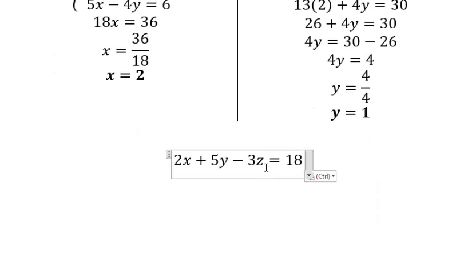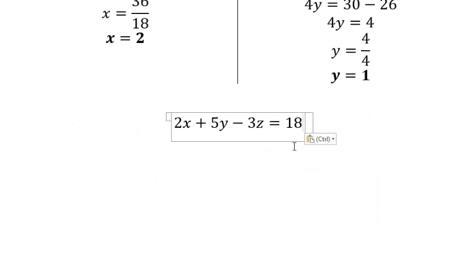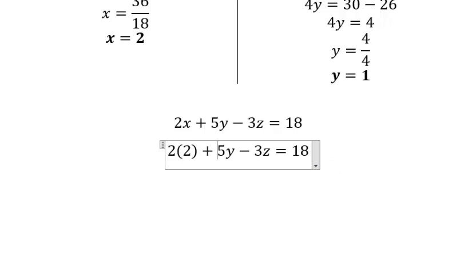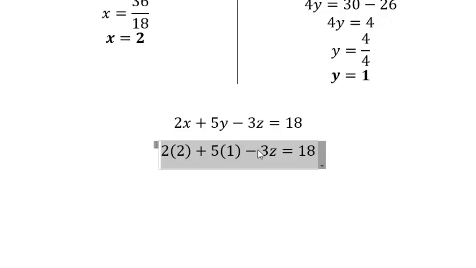Okay, I'm going to paste it, and instead of the x and instead of the y, you're going to put the x and the y that you found. So instead of x, I'm going to put inside parentheses number 2. And instead of the y, I'm going to put inside parentheses number 1. Okay.